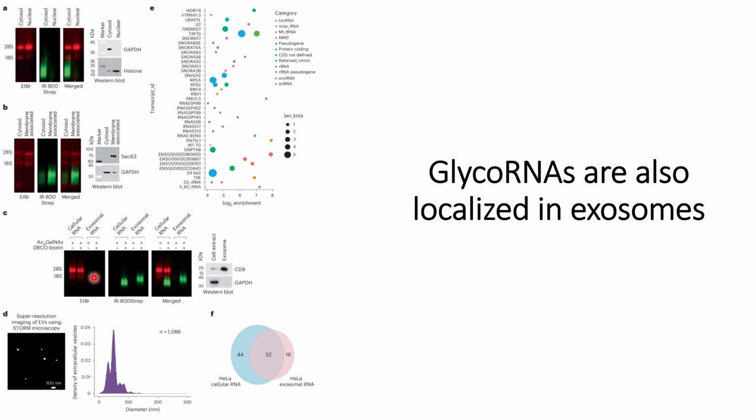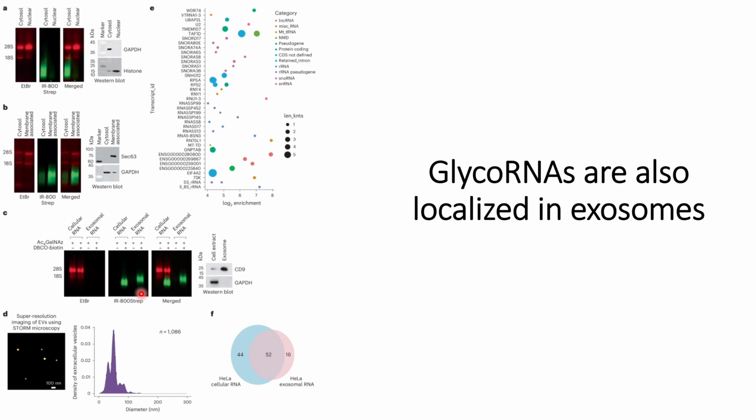In this case, in the ethidium bromide staining, they do not see significant results for the exosomal RNAs, but when they checked after SPAAC treatment through the biotin, they were able to see the exosomal RNAs. They are able to see GlycoRNAs in the purified exosome regions that we can see here.